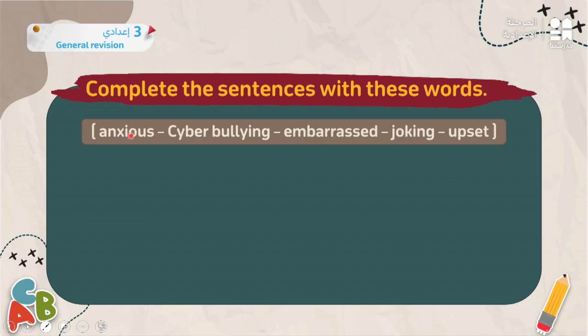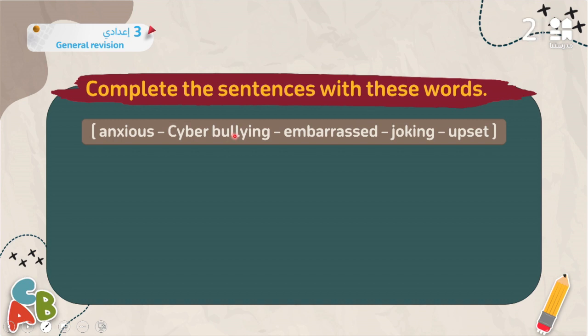Complete the sentences with these words. طيب هنا مكملين vocabulary words. ايه هي الكلمات اللي عندنا؟ عندي anxious means worried اللي هي anxious about, worried about, قلق من حاجة. I have cyberbullying. Do you remember what cyberbullying is?